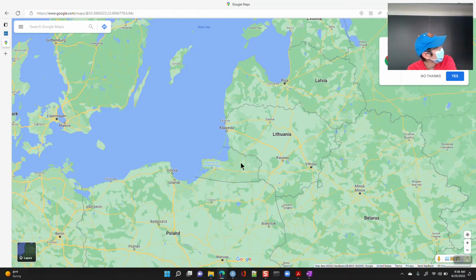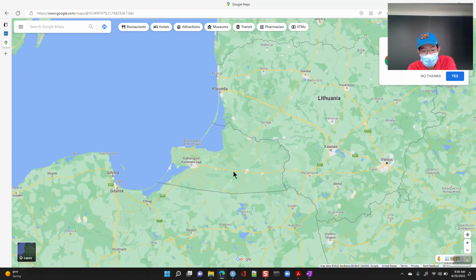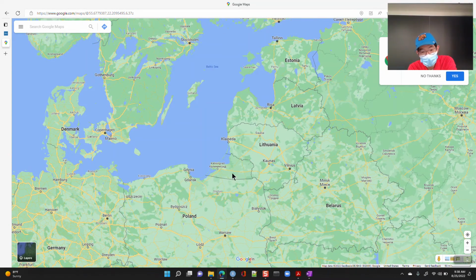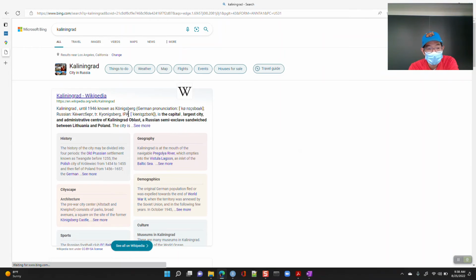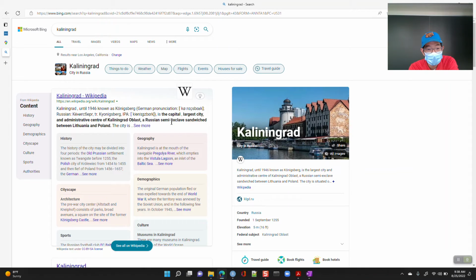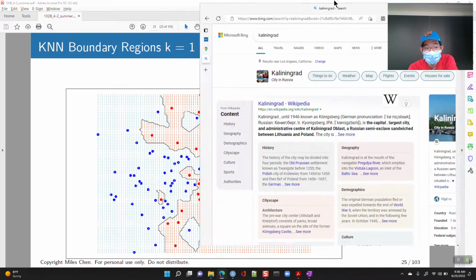This is Russia, and it's bordered by Poland and Lithuania, but it's Russia. Kaliningrad is the capital of Kaliningrad Oblast, a Russian semi-exclave sandwiched between Lithuania and Poland. So yes, an exclave.